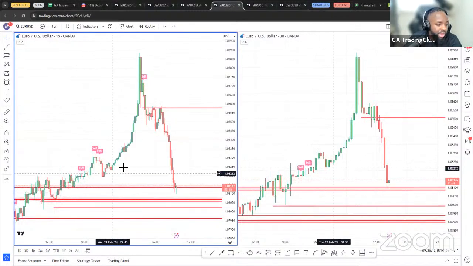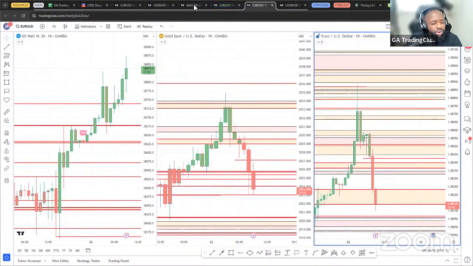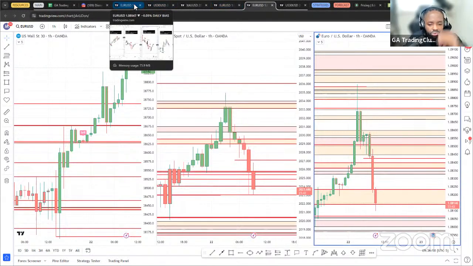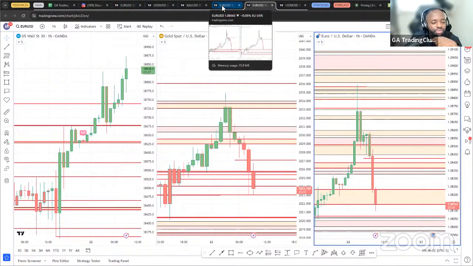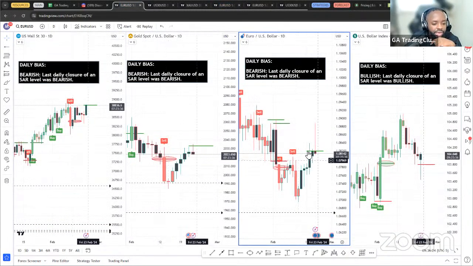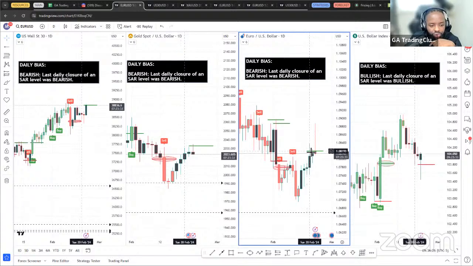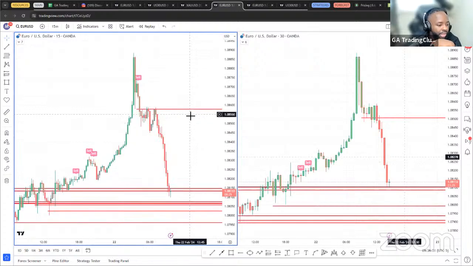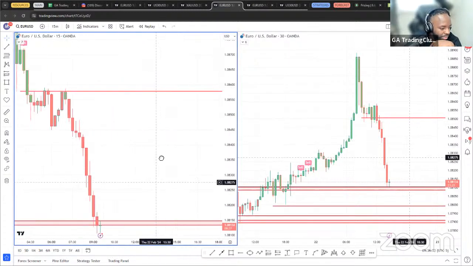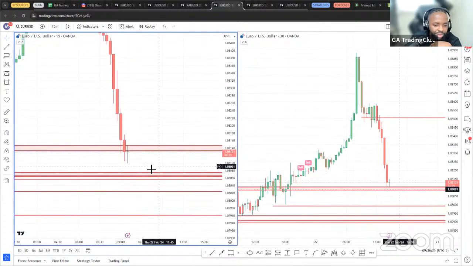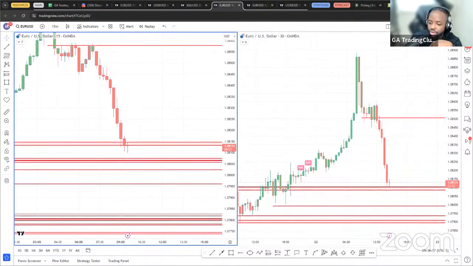EU, same thing. Yesterday, if you guys remember, I talked about a sell zone around 1.08298, but I said it was kind of risky because of this daily bias, right? The bullish SAR that was forming, and you can see how they manipulated price up. But even for today, there might be a break and continuation entry on EU, but this is looking at where EU has dropped from.